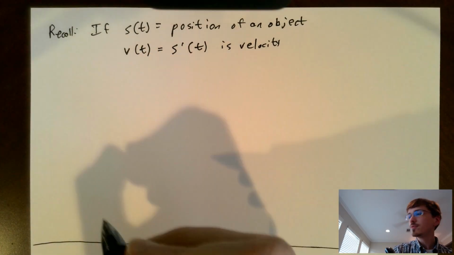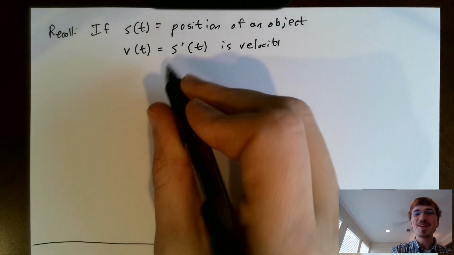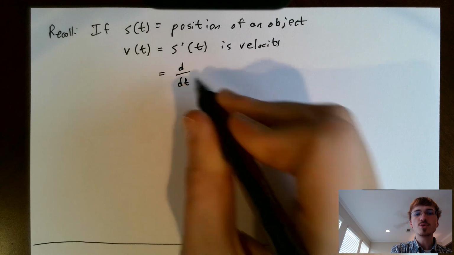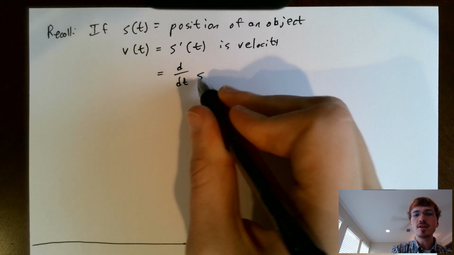We also know, that's my cat, that this is, in notation, the derivative with respect to t of s of t.